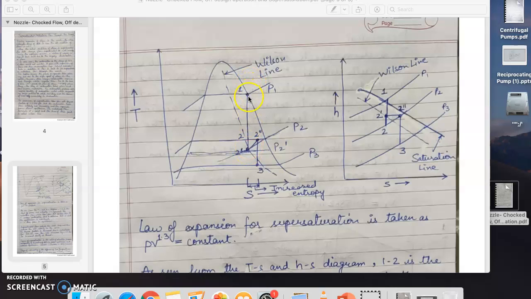That means the dryness fraction is decreasing from 1 to this point. What is dryness fraction? Dryness fraction is the amount of steam and wetness fraction is the amount of water. So that means this particular region has a two-phase system. Two-phase means there is steam and there is water.